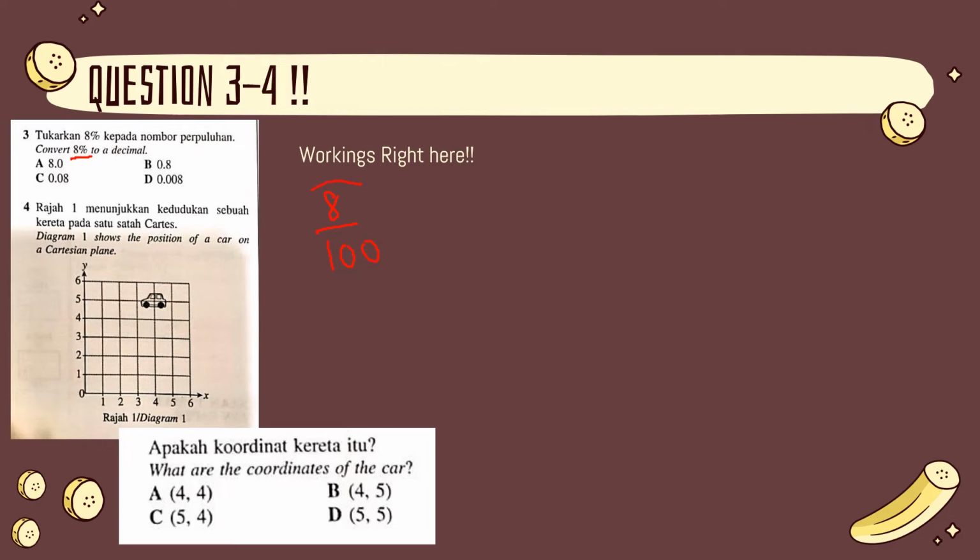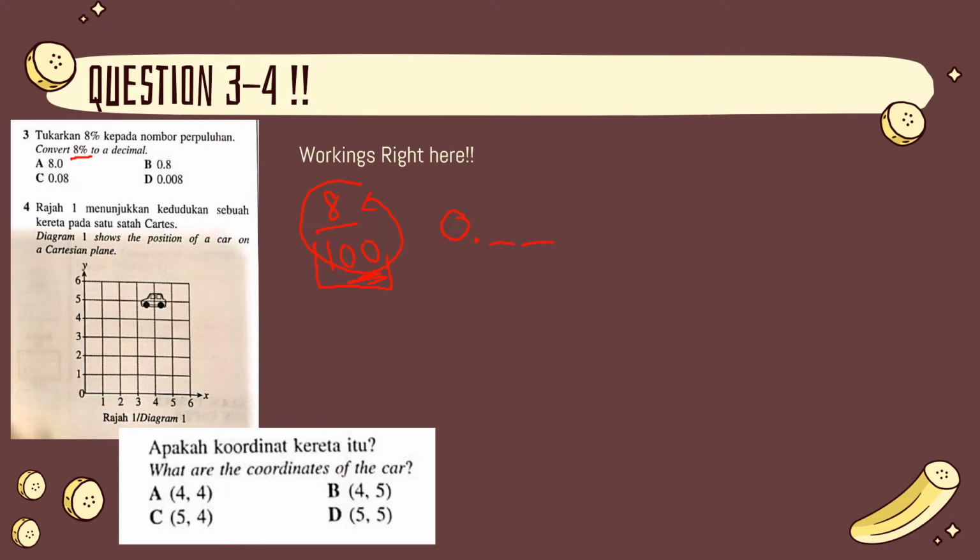Since this fraction doesn't have a whole number, we have to convert it to a decimal by putting 0 in the front, and then a decimal point. And then we have to see the denominator. There are 2 zeros here, which means we have to insert 2 zeros, not in digits but in lines, which means let's draw 2 lines.